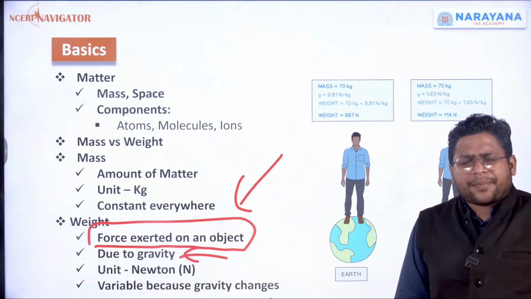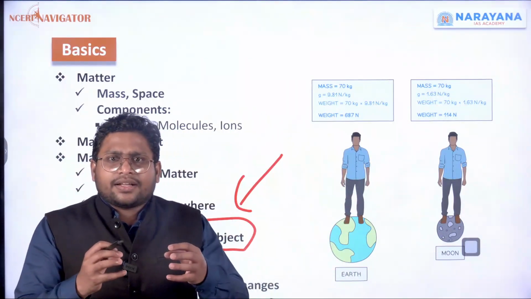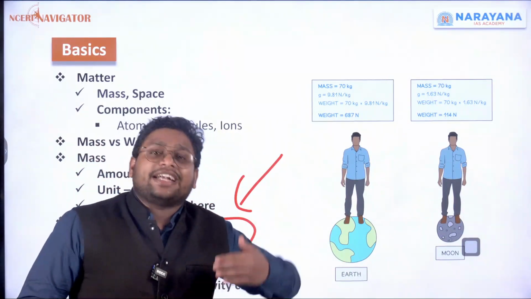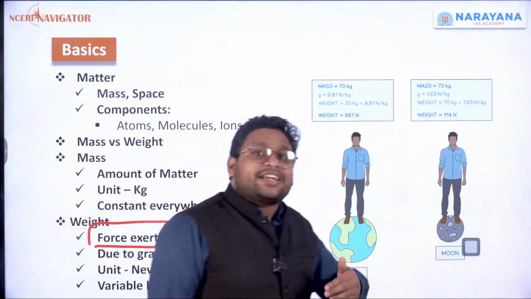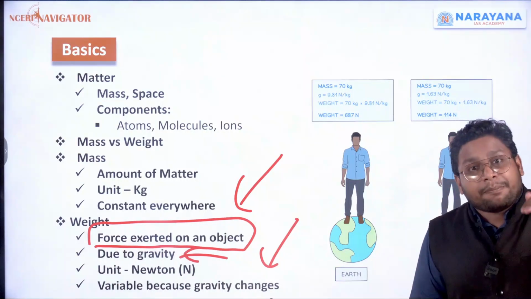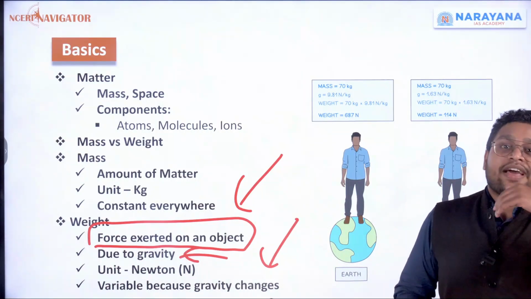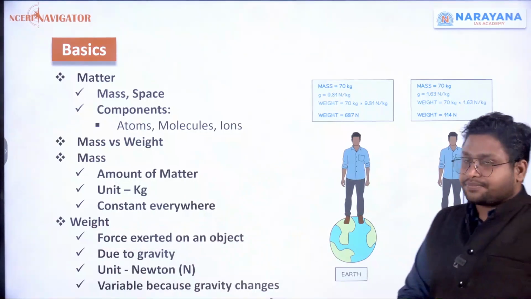So if I check the weight of a person or anything, it can be different at different locations, at different places, or at different planets. So it is not the same every time. It depends on gravity because gravity is different everywhere. So weight will be different everywhere.